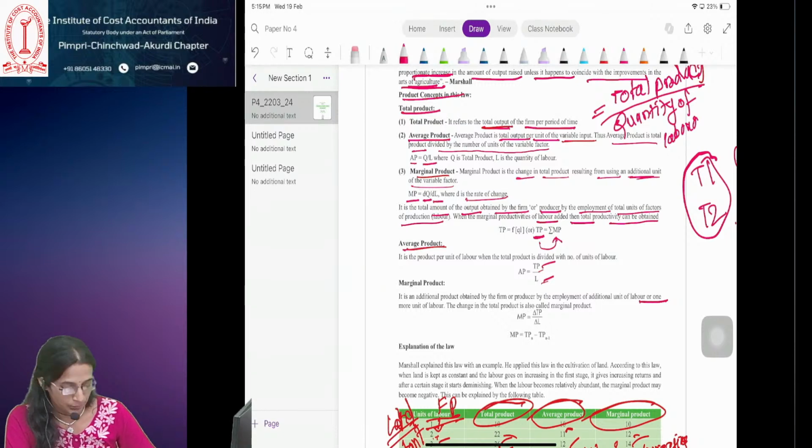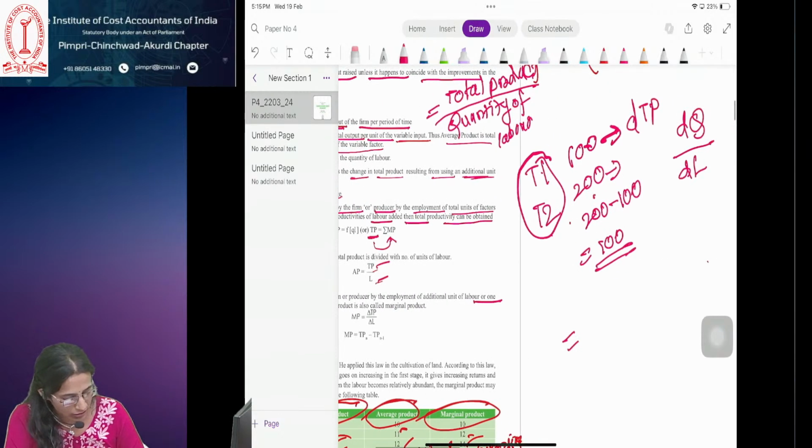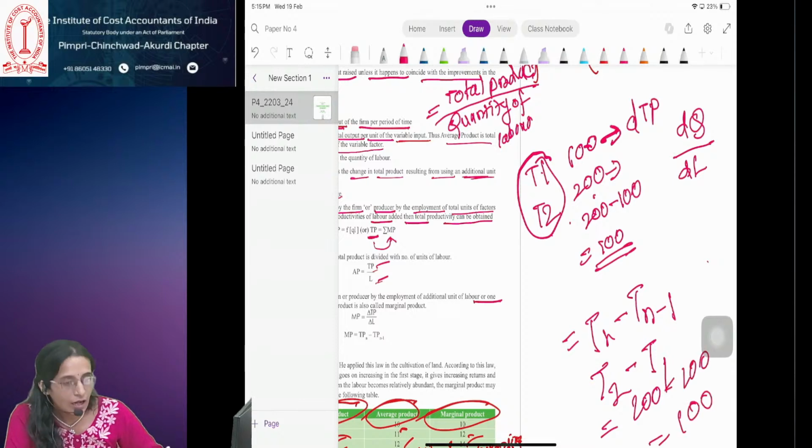And what is marginal product? There are two things. Here we saw T2 minus T1. Similarly here they have given Tn minus Tn minus 1. T2 is 200 minus 100, which is 100.